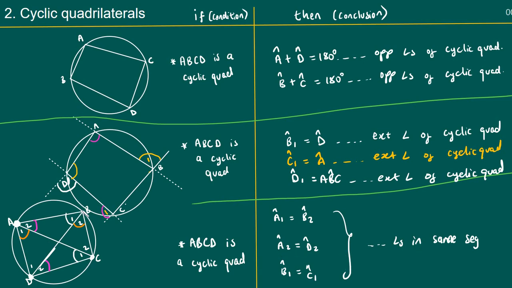Now look at these points B and C. If you move to the circumference, they form A2, and they also form D2. Those two angles are equal, and your reason will be angles in the same segment. So please, all the time, just move from 2 points and follow where they are going. It will lead you to the right answer.